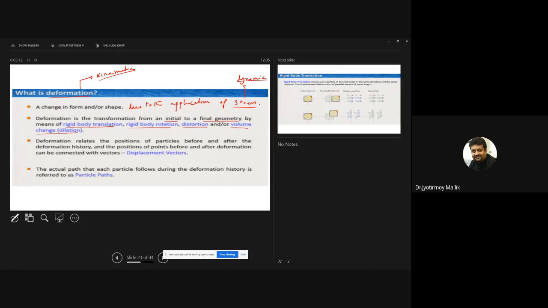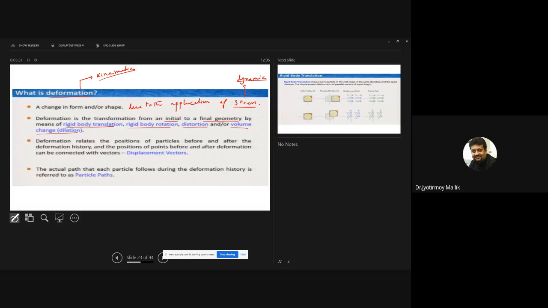So these are the processes by which a particular object attains deformation. Okay, and we are going to look at all of them one by one.